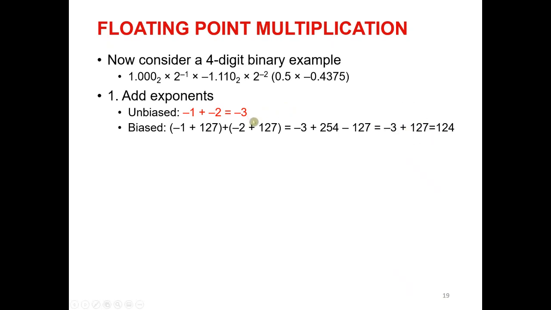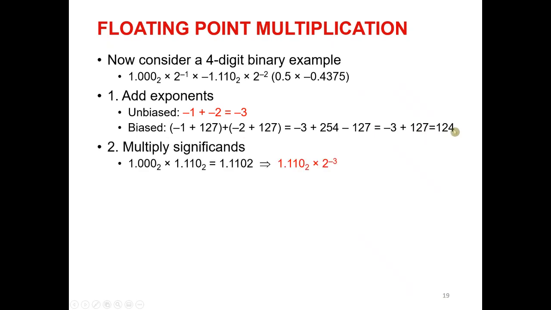We need to do it this way in order to get the real exponent. Then, once we have the exponent, in this case we are going to use the unbiased one for simplicity, but I just wanted to show you how this would be done with the bias if we later want to represent it using the standard format.